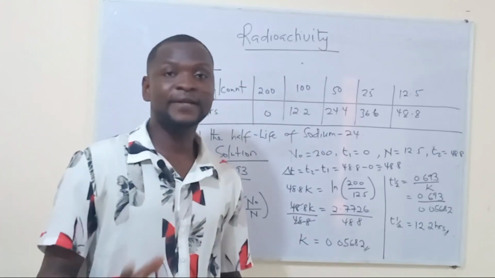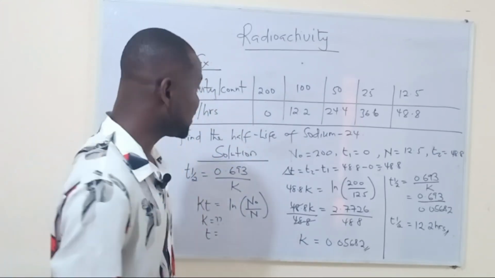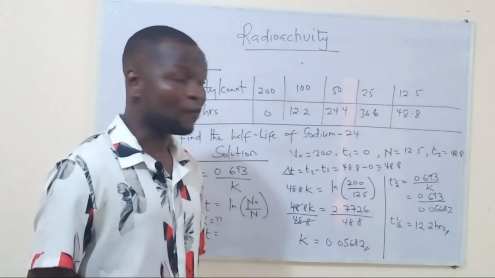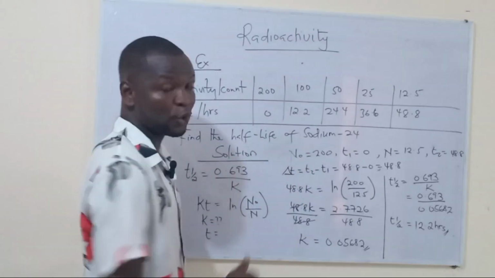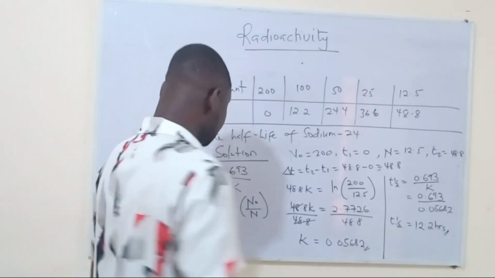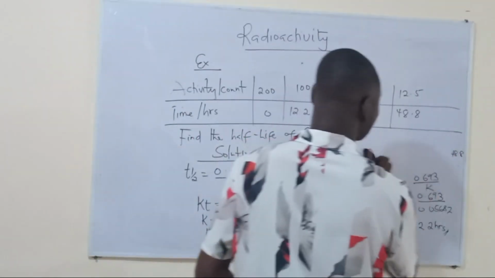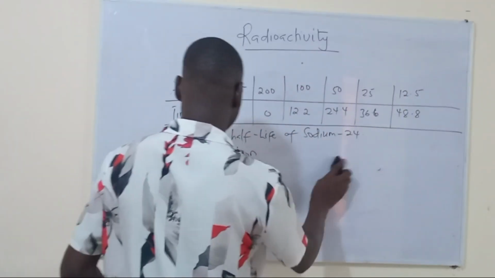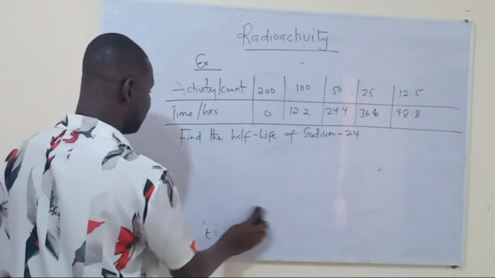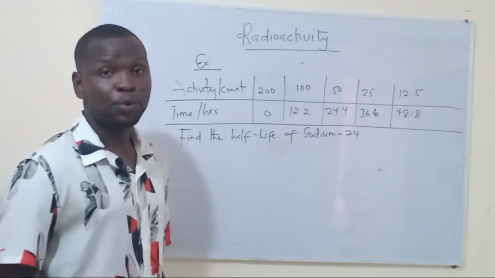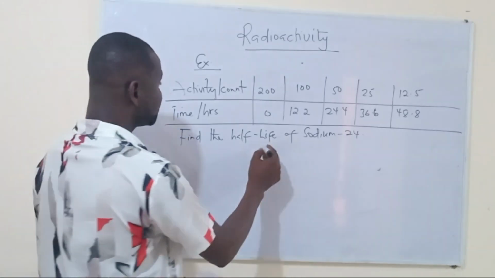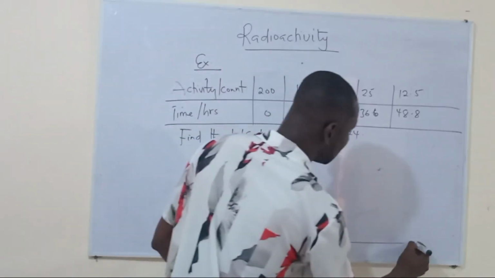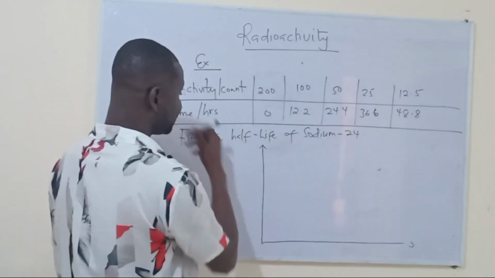Now, let's take the same example and then see how we can use the graphical method in solving for the half-life of sodium-24. So we're going to plot a graph. On your x-axis is your time.